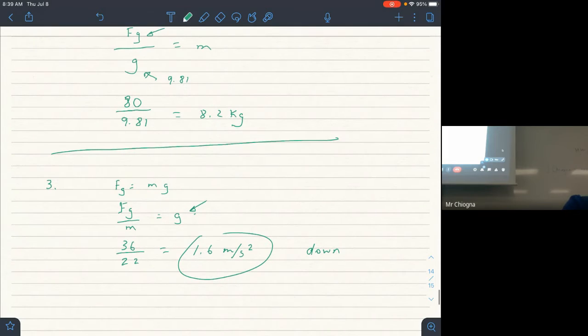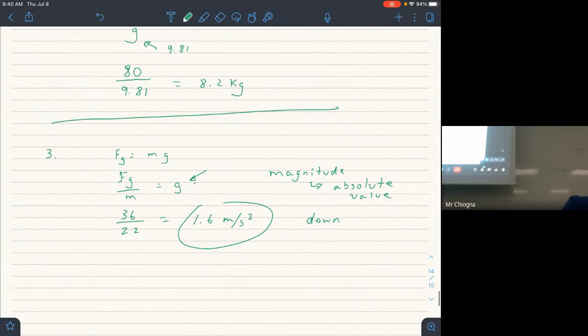If you see the word magnitude, that means just give the absolute value. Don't worry about direction. Or some magnitude of the weight.